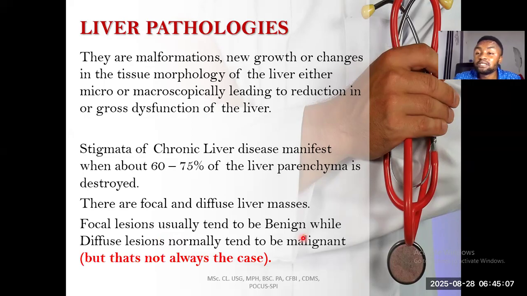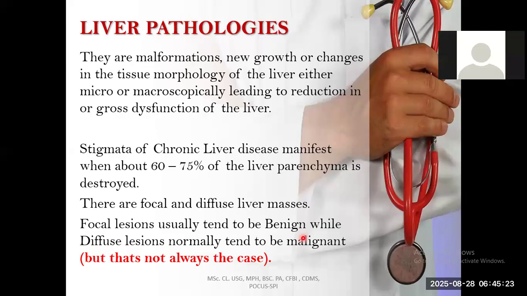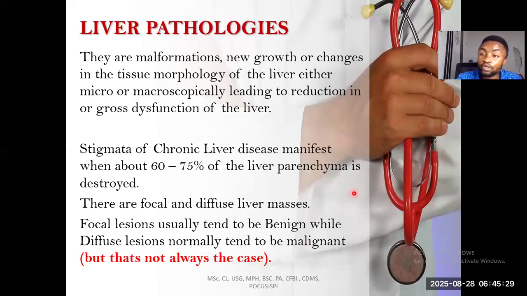So if you see the lesions to be focal, the regular class, focal lesions, they tend to be benign. There's an OBJ question. They tend to be what? Benign. But the diffuse lesions tend to be cancerous. Even though it's not always the case, in about 80% of cases, that is the case.